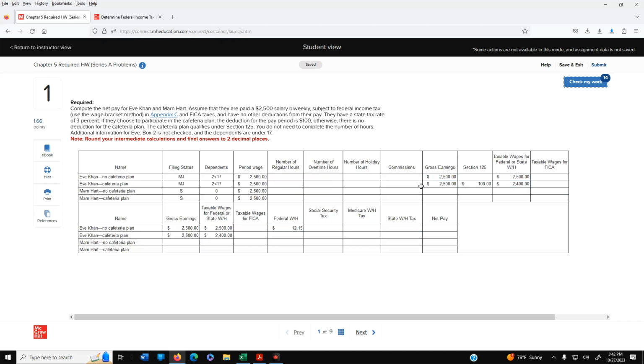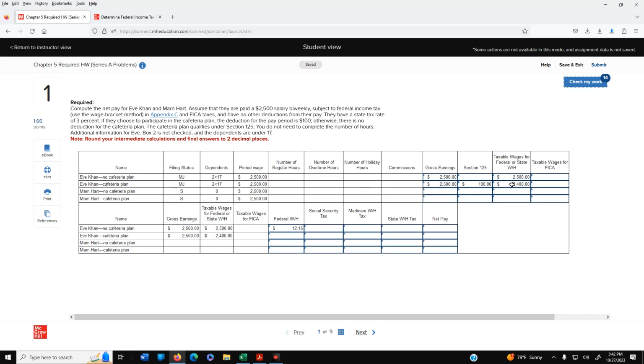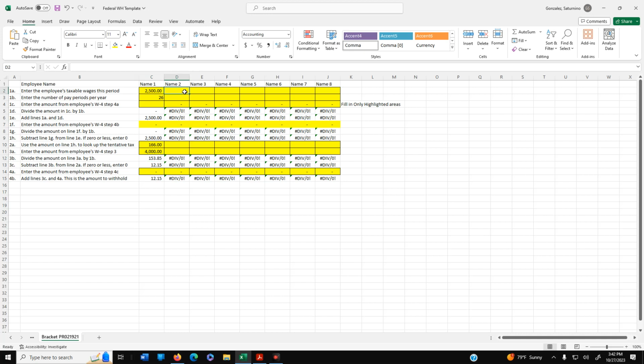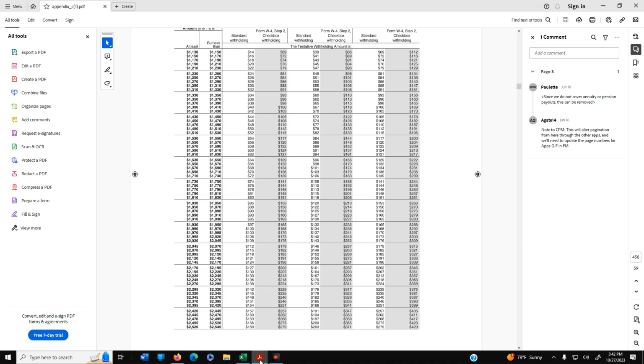And now it's, what if they do contribute to the cafeteria plan? Well, then we're going to go here and we're going to put 2,400. It's still 26. And we're going to go all the way down. Now we got to go back to that table and we got to look up 2,400.